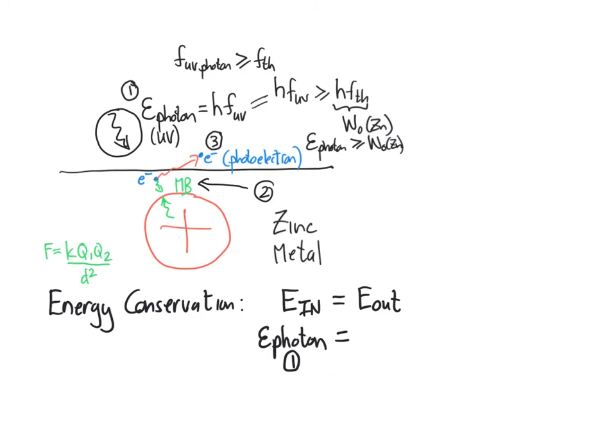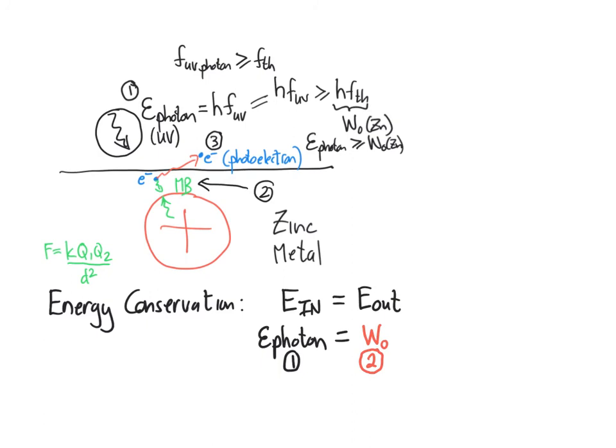And that energy toll is the minimum energy required for an electron to leave the surface. So this term here represents the second component of this phenomenon, namely the metallic bond of the zinc metal.